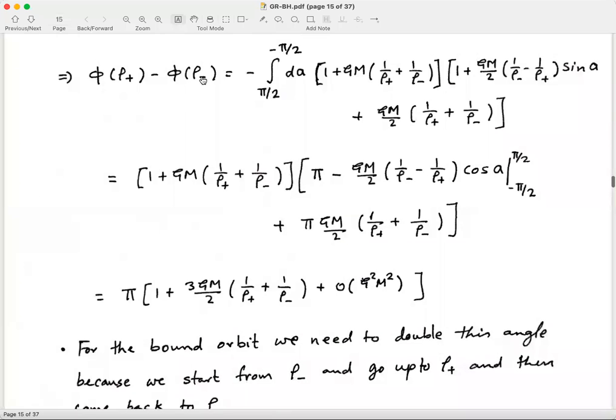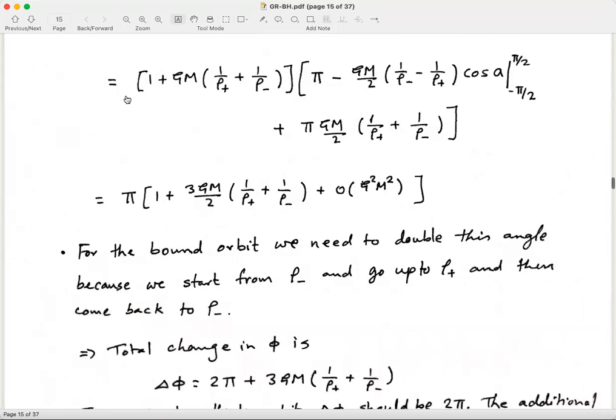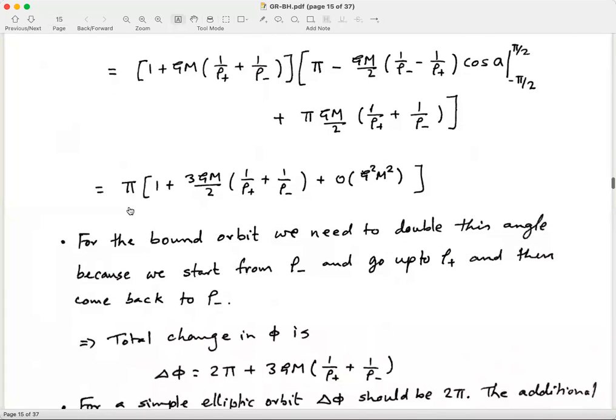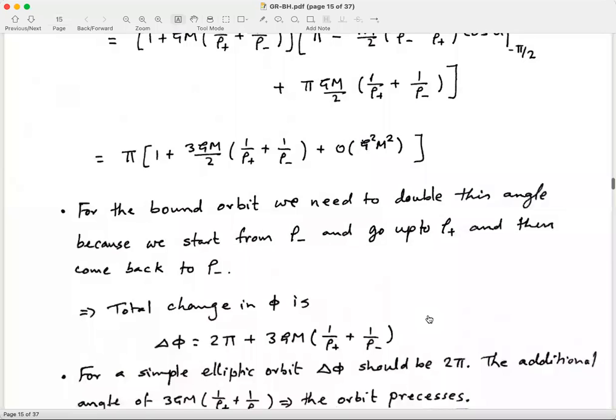So the difference of phi that we get here has to be doubled. That would give you a factor of 2 pi from the first term, and then the next term will give you pi times, oh, I forgot to write pi here, times 3 gm into 1 over rho plus 1 over rho minus. So that is the factor.